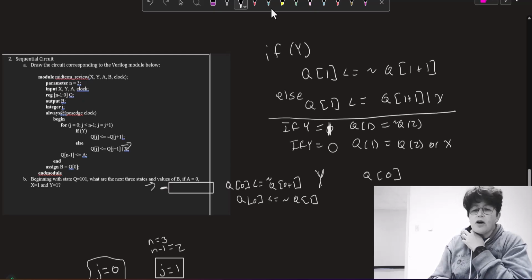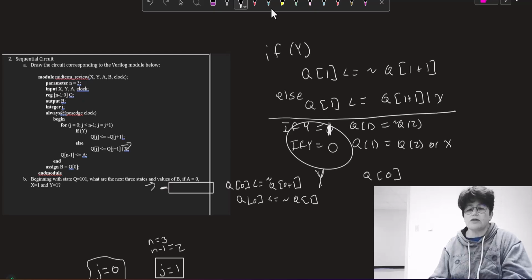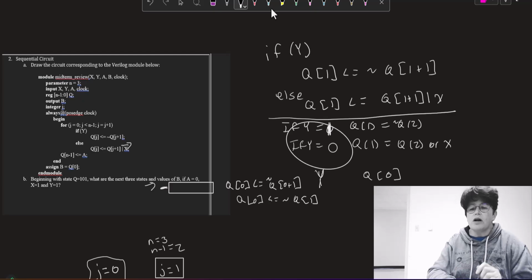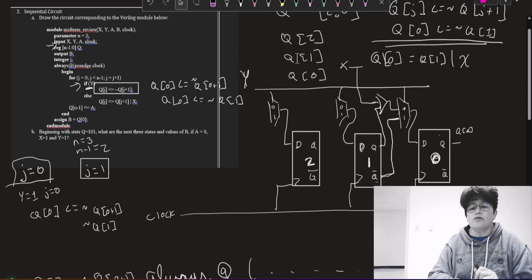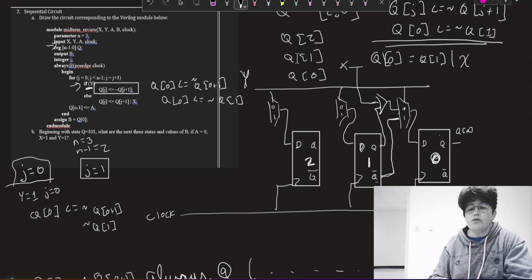So this if part is telling me to use the multiplexer. And the if y equals 1 means that I put what is equal to 1 into the 1 part of the multiplexer. So just like we did before, we said Q1 is supposed to equal the not of Q2. So here's Q1. It's supposed to equal the not of Q2, but only if Y is 1.